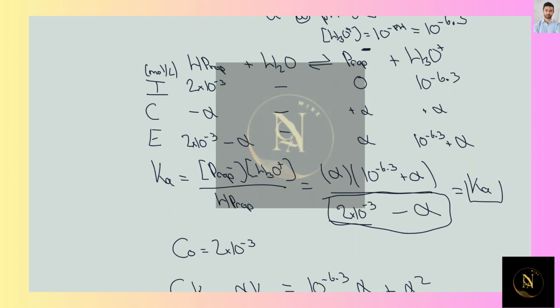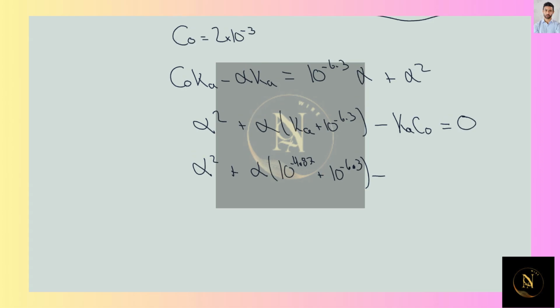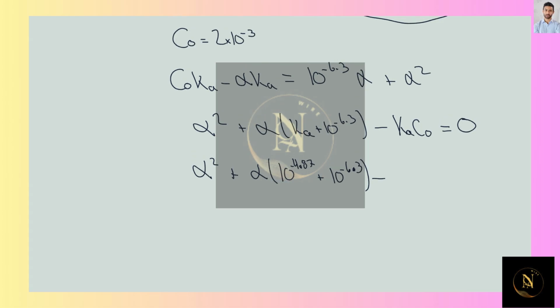C0 was 2 times 10 to the minus 3, so Ka is 10 to the minus 4.87 times 2 times 10 to the minus 3, equal to 0. And we can solve this quadratic expression. This is a quadratic in alpha with coefficient 1, coefficient 10 to the minus 4.87 plus 10 to the minus 6.3, and the constant term with a negative sign.